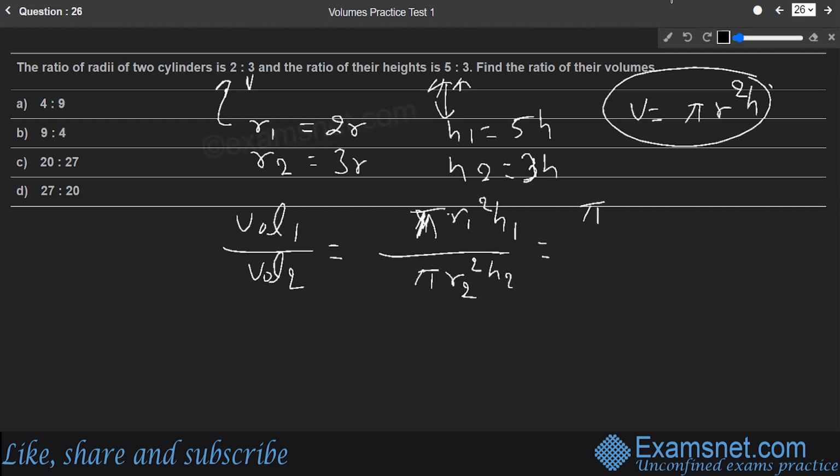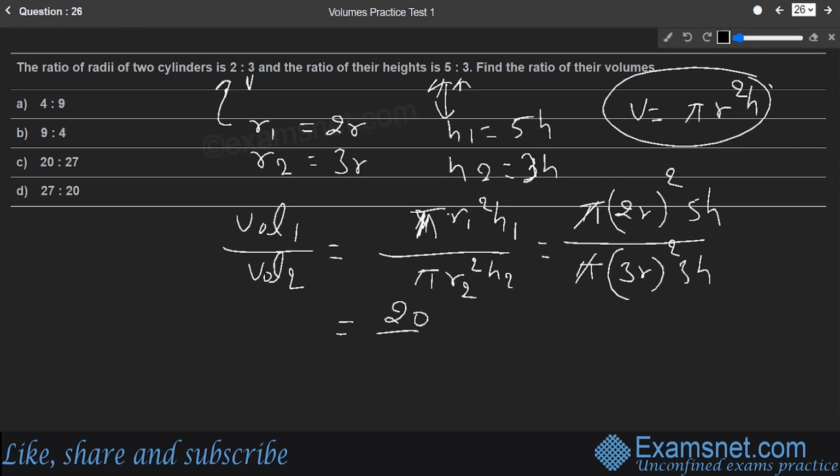It's going to be pi into r1 value 2r whole square into h1 value 5h, divided by pi into r2 value 3r, so 3r whole square, into h value 3h. Now let's find it out. Pi and pi get cancelled, so we are ultimately left with 20 by 27. So that is the volume ratio of the two cylinders, 20 by 27. It is available in option number C, so it becomes the right answer.